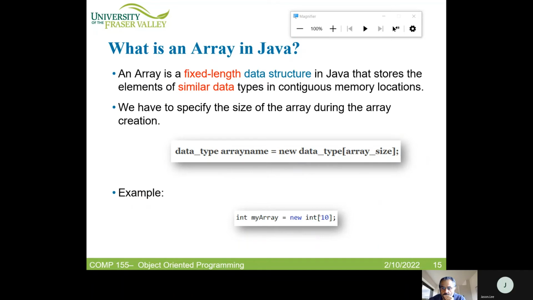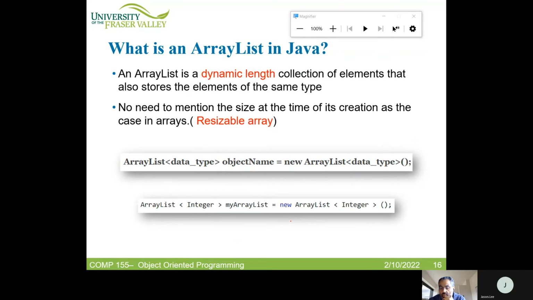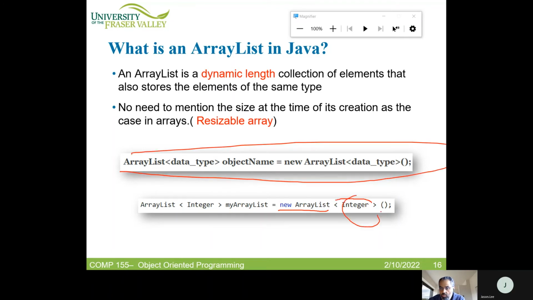Returning back here, we said new Integer 10. This is how we create an array in Java. Here we said new ArrayList, and we use this kind of syntax, Integer, but we didn't tell the compiler how many elements we are going to save in this list.